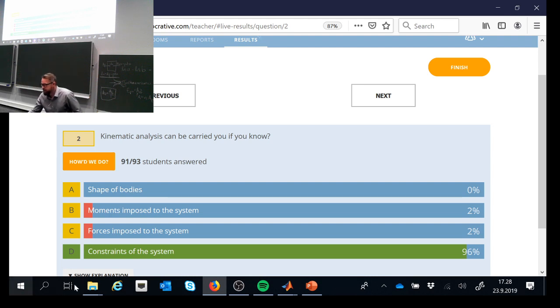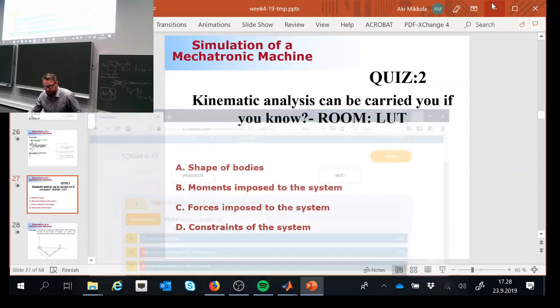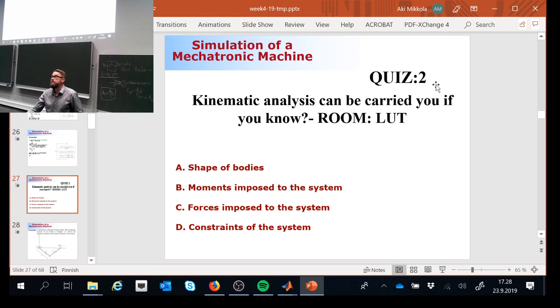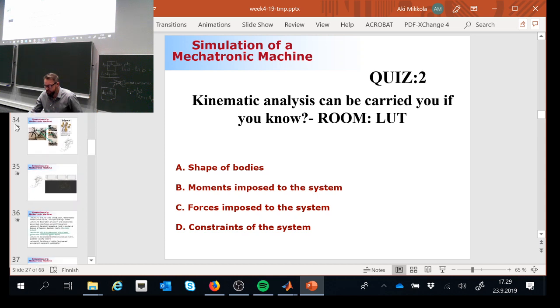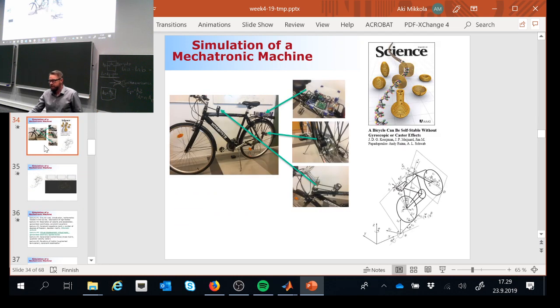And now comes something that is going to be that part that I promised is going to be painful. Prior to that, we're going to take a look at what's the value of kinematic analysis. Now let me explain one example where the kinematic analysis is used. This is a study related to bicycle dynamics.